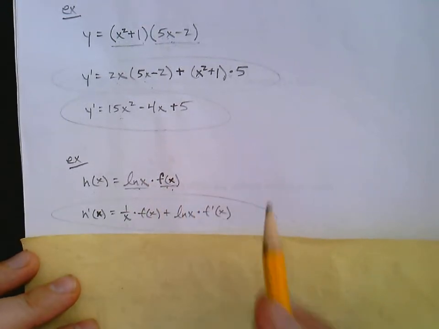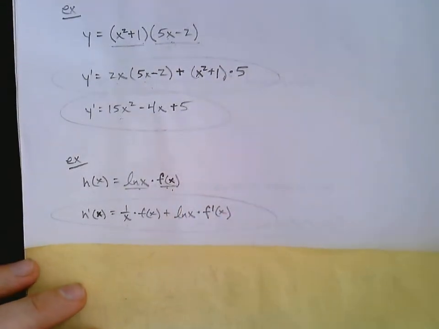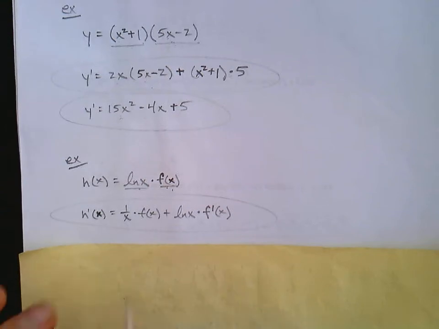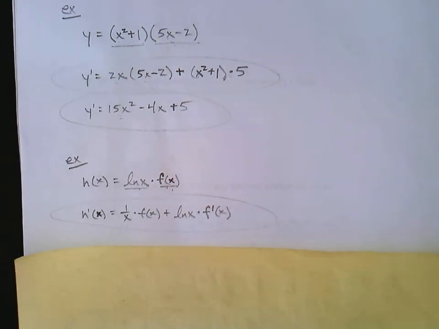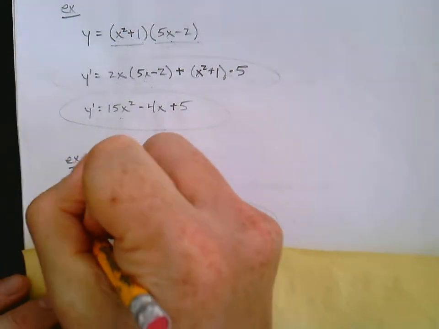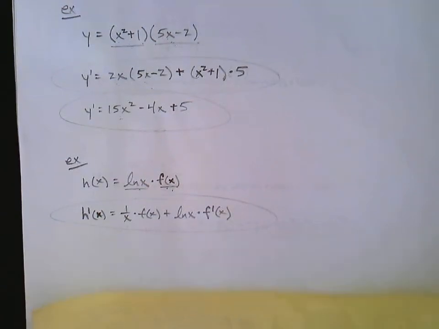We're just going to say f prime of x. And there's our answer. So we have an f of x in it, and we have f prime of x. There we go. That's an h, by the way, h prime. Okay, very nice. That is the product rule. Let's talk about dividing.